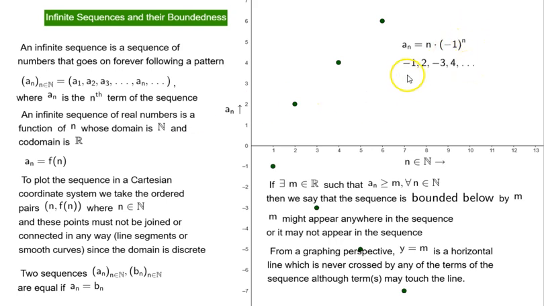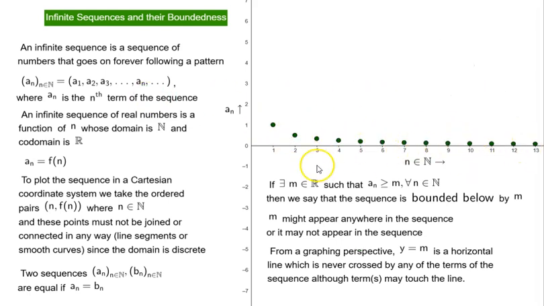So the sequence goes minus 1, 2, minus 3, 4, minus 5, 6 and so on. It is unbounded below because this is not the lower bound, because there are other terms in the sequence which are lower than that. And the same is the case here also, so unbounded above.